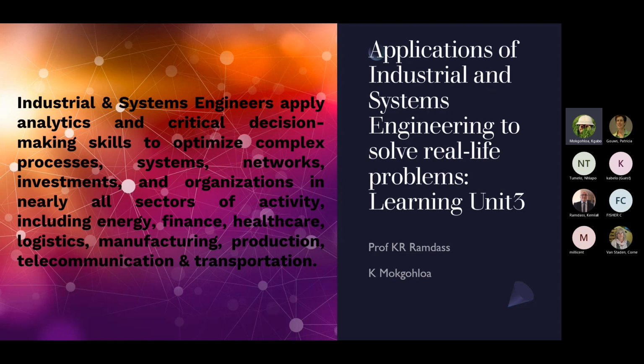Even in municipalities, if governments across the world can really understand the importance that industrial and systems engineers can play in optimizing their systems and their processes, I'm sure we will not have what we are having now with Eskom, and we will not have what we're having now in municipalities, where you drive and there are tar roads with potholes everywhere, and water is not coming to communities, things like that.